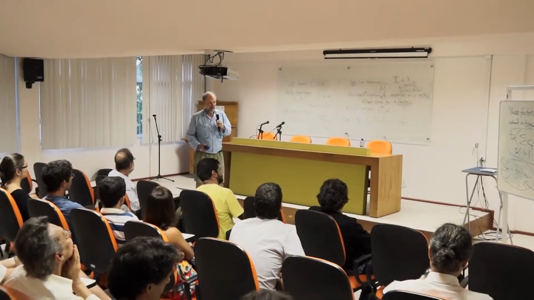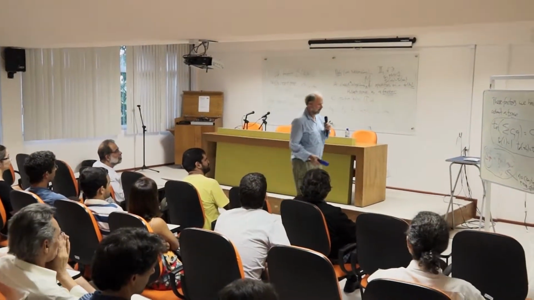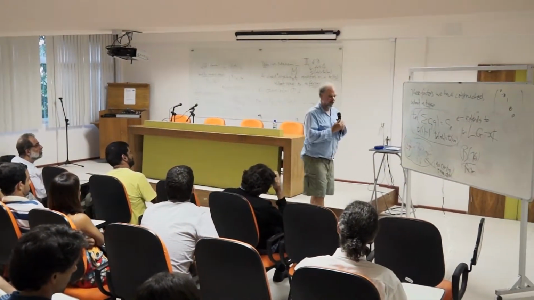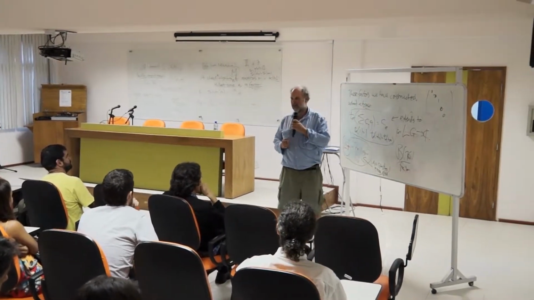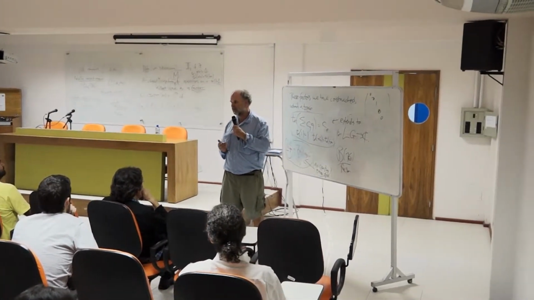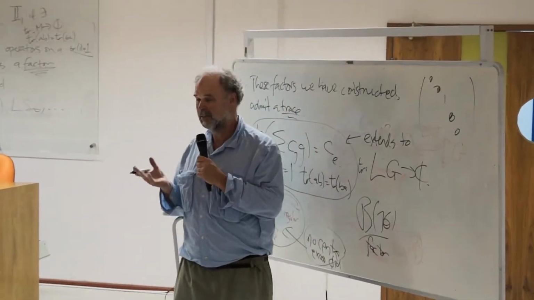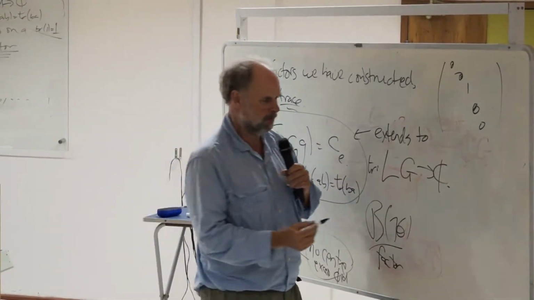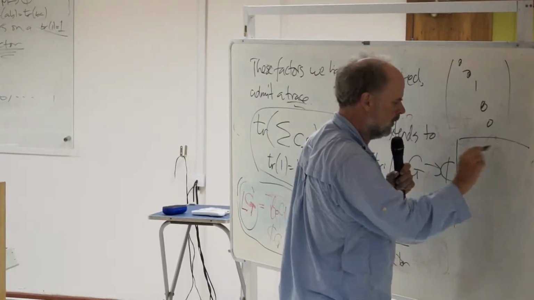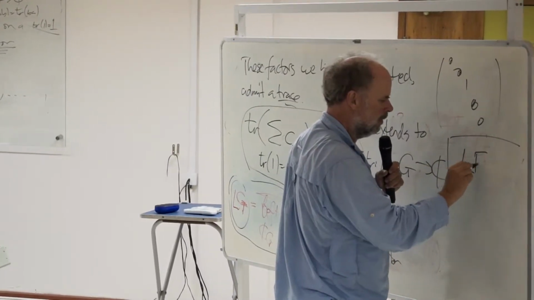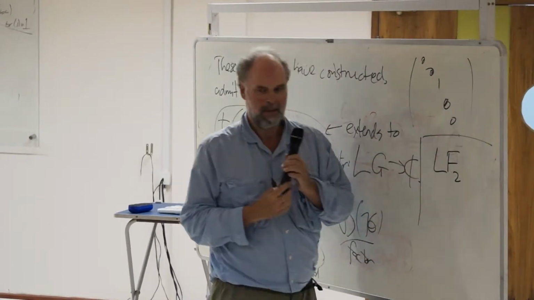In fact, let me tell you right away what everyone probably agrees is now the main open question in the subject. It's a big embarrassment to everyone. But I can say what it is. So this is the big open question for von Neumann algebras.